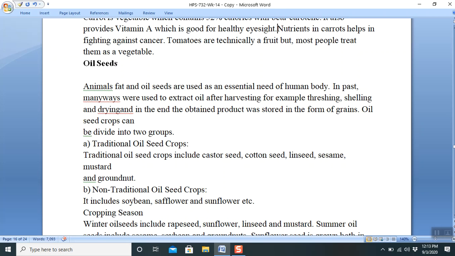Really, for the one who can produce vegetables, even a small tract of land is enough. You can enjoy producing vegetables even at your house if you find an open place where you can grow the vegetables. Next thing is oil seeds.